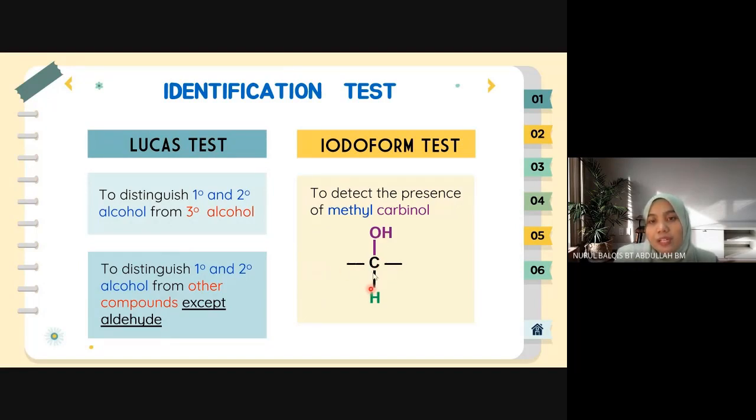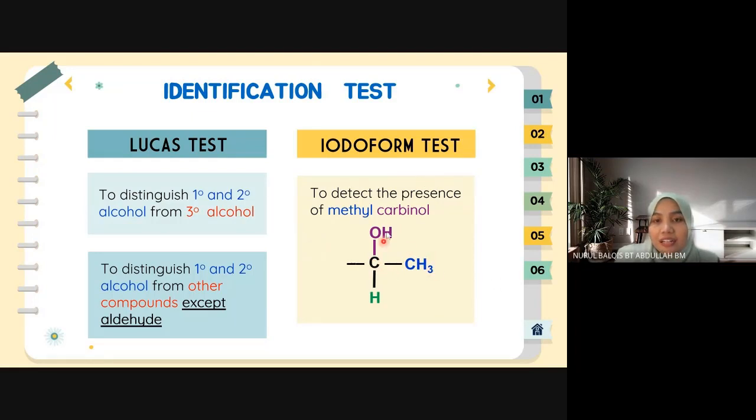When this carbon has OH and H attached to it, we call it a carbinol group. Attached to this carbinol group, we have a methyl. So we check whether there is a methyl carbinol in your structure. If your structure has this methyl carbinol, it will give a positive result in the iodoform test. Okay?